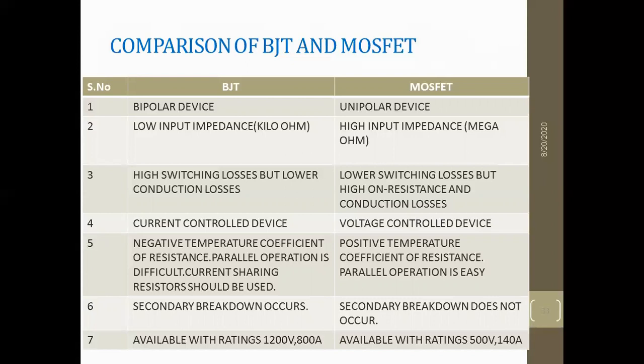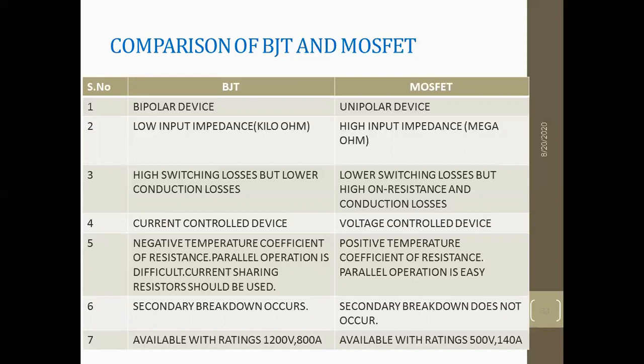We discussed the depletion type MOSFET and also the enhancement type MOSFETs. Enhancement type MOSFETs are nowadays used further for power electronic applications. But what about the comparison of a BJT and MOSFET?